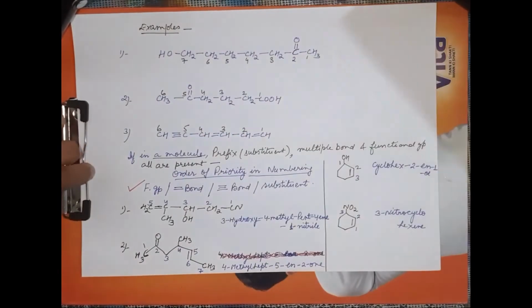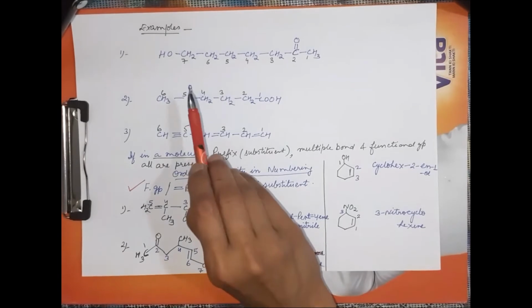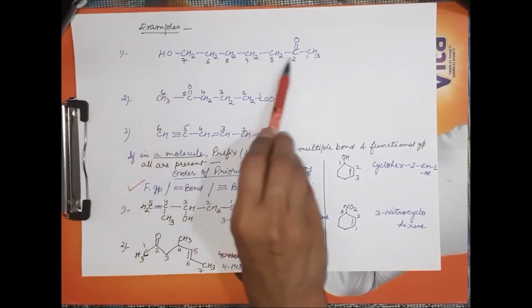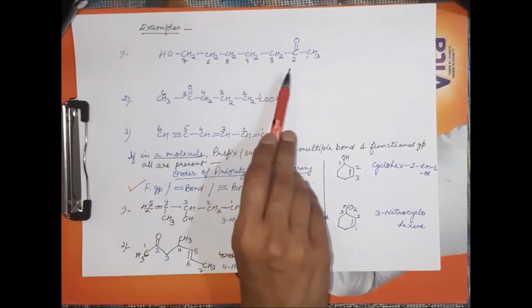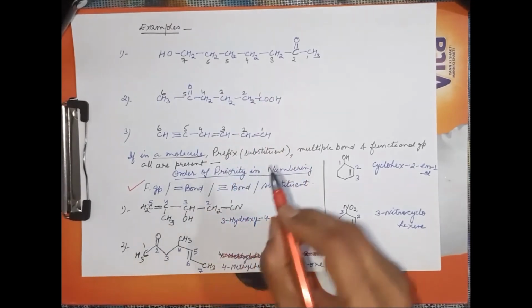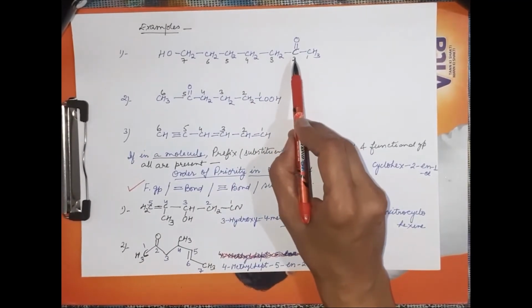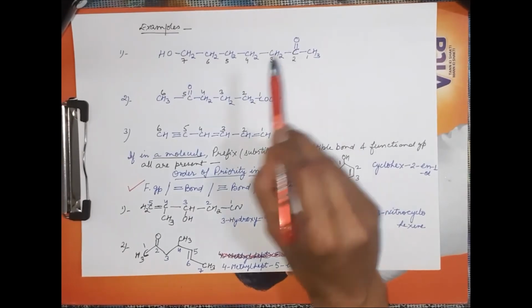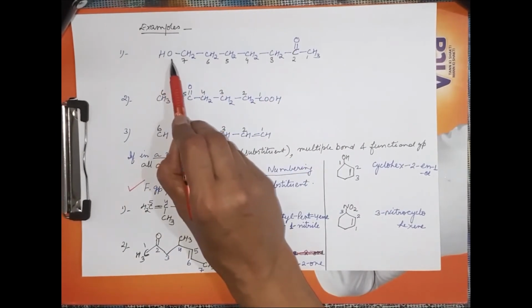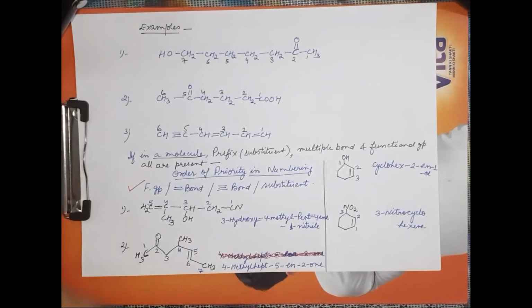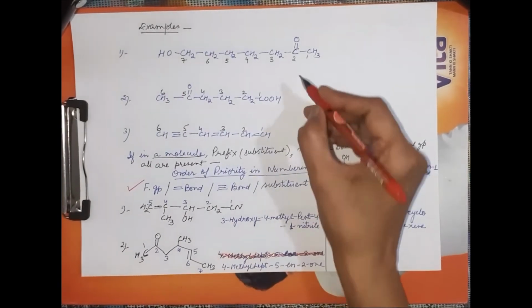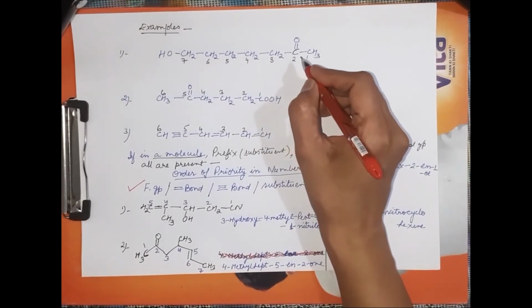So let us understand with the help of a few examples, like in this case. If we have to write the name, what will we do here? 2 functional groups are there, carbonyl group and hydroxy group. First we have to decide which functional group will be the principal functional group.